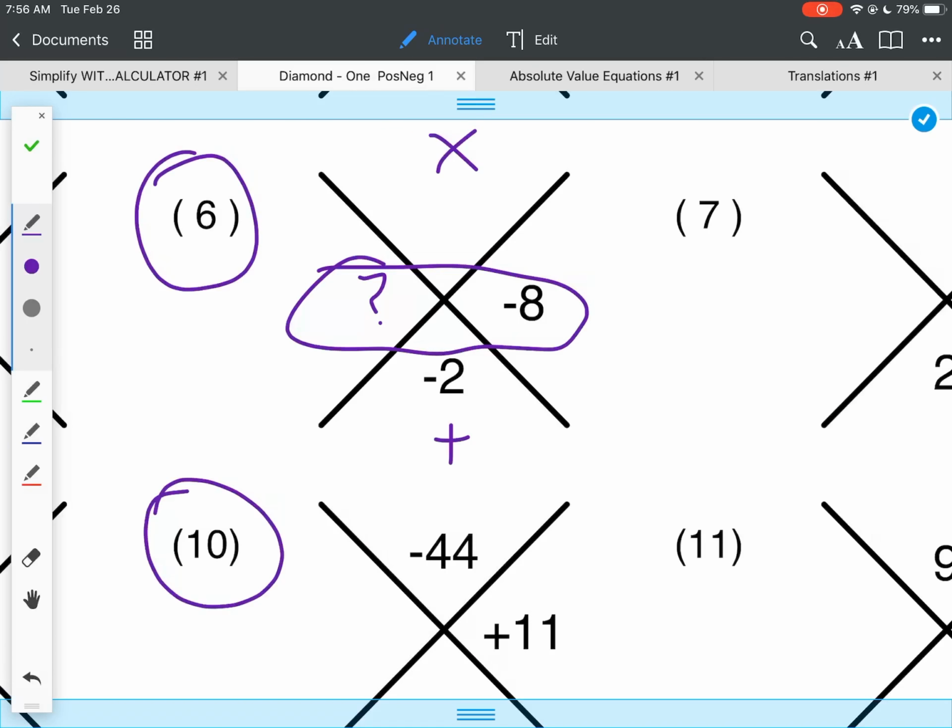So we can just create an equation, right? x plus negative 8 equals negative 2. And then just solve like normal. We have a negative 8, so we add it to both sides, and that cancels out. You get x equals negative 2 plus 8, which is the same as 8 minus 2.